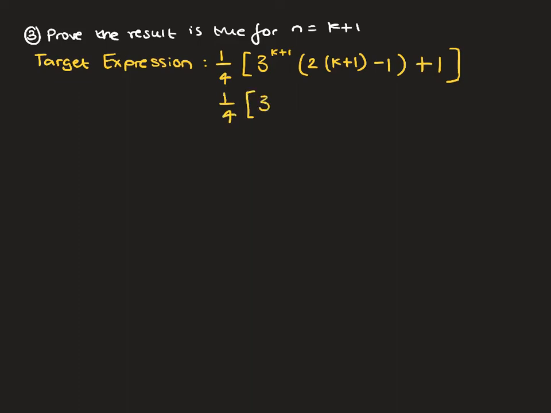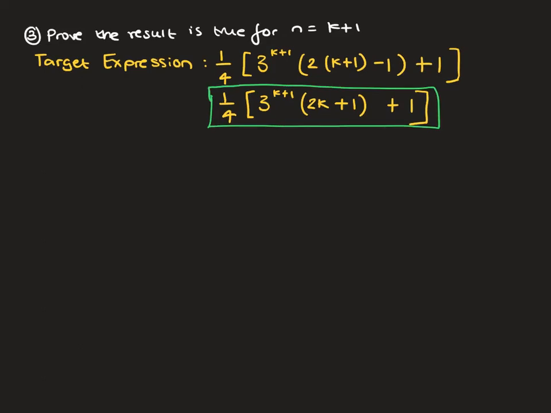So our target expression, 3 to the k plus 1, and then inside the bracket here we'd be expecting 2k plus 1, and then a separate plus 1 here. So this is what we're aiming for when we work out the result for n equals k plus 1. So what we now need to do is find the sum between r equals 1 and k plus 1 of r multiplied by 3 to the r minus 1.